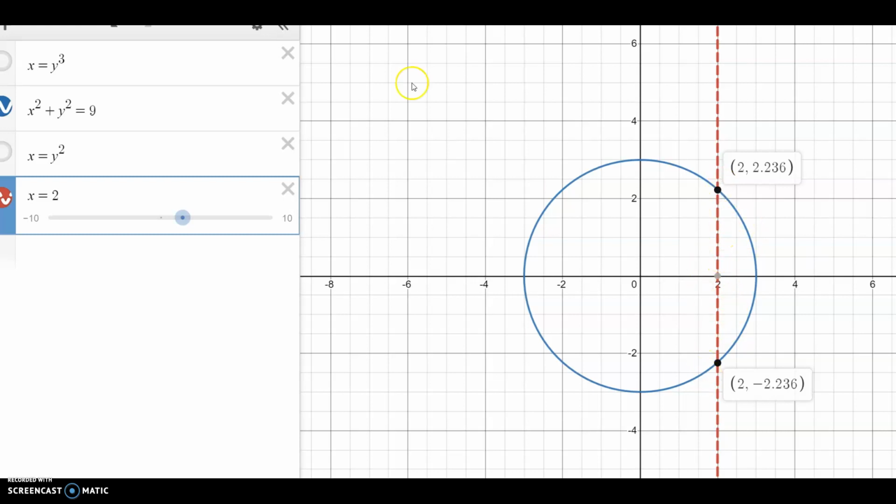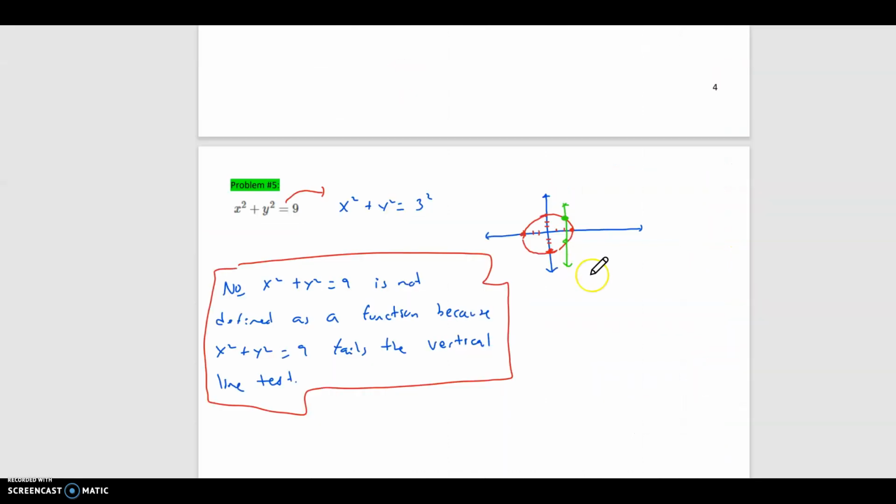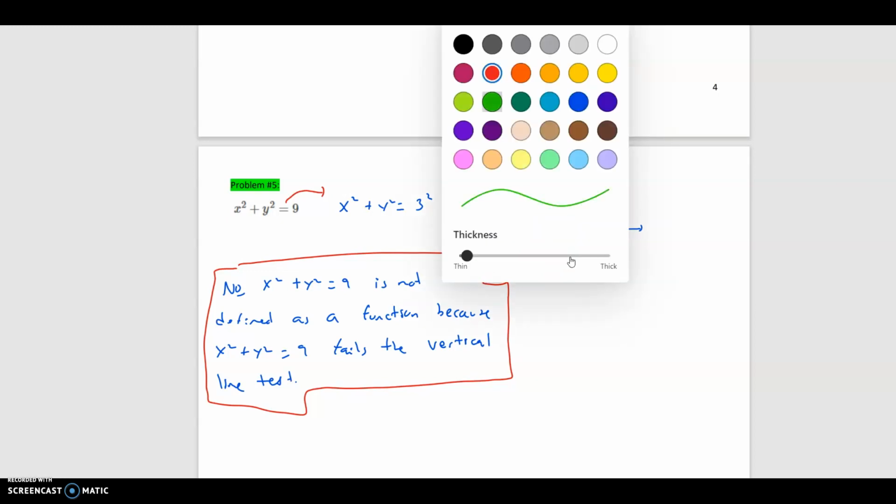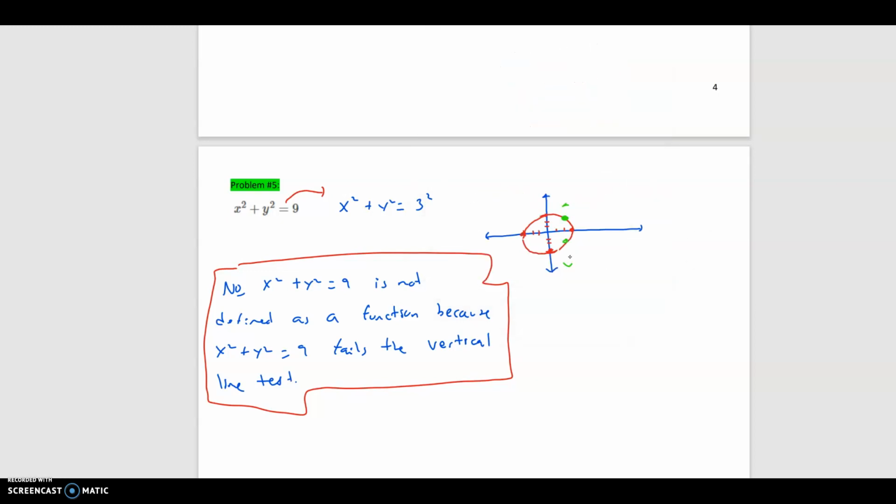You see the 2 intersections. The sketch, I just picked anywhere in space where it fails, and it's supposed to be a vertical and also dotted line. So I missed that part of the dotted. Let me just rewrite it. But this is supposed to be a dotted line. Okay, there we go.